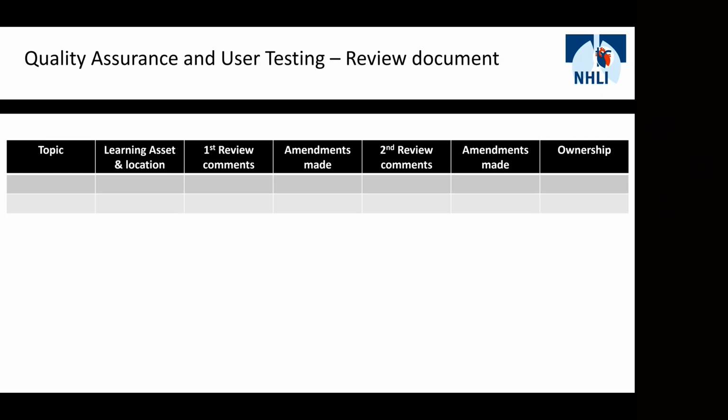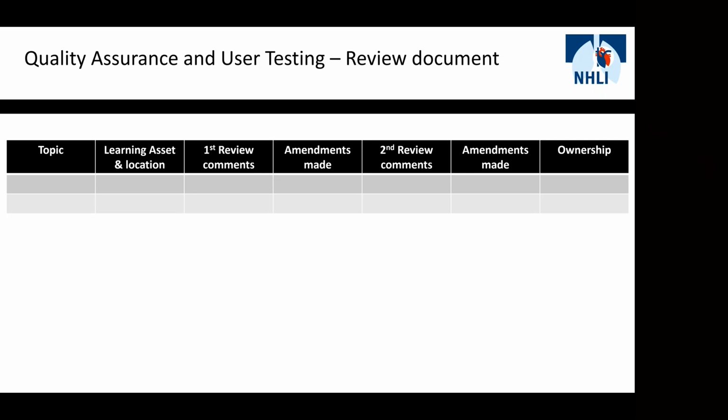Then we have the field related to any comments around the review. This could be something as simple as change made, or it could be I'm unable to locate the review that you're referring to, please provide some information. Then we have an opportunity for a second review and again, details around the amendments made.